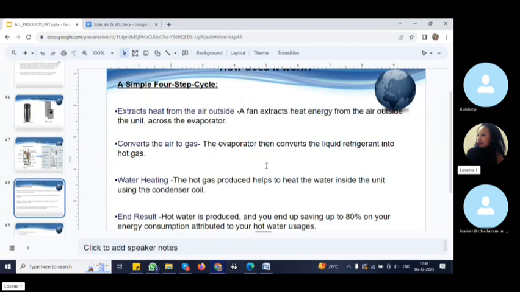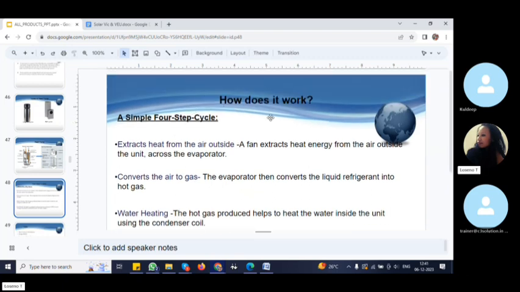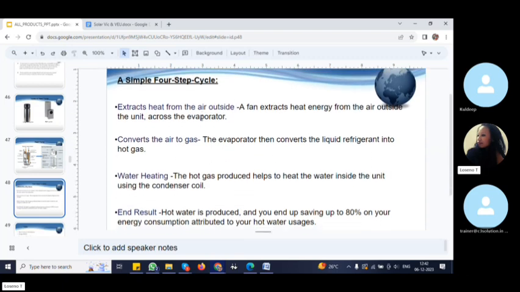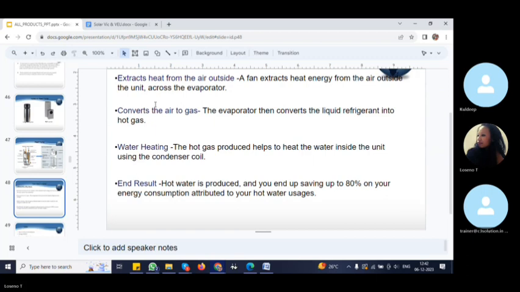So how does the heat pump work? How does it work? Four simple steps are given here. First of all, it extracts heat from the air outside. The air that we breathe, the renewable energy or the surrounding air, any of these terms you can use.